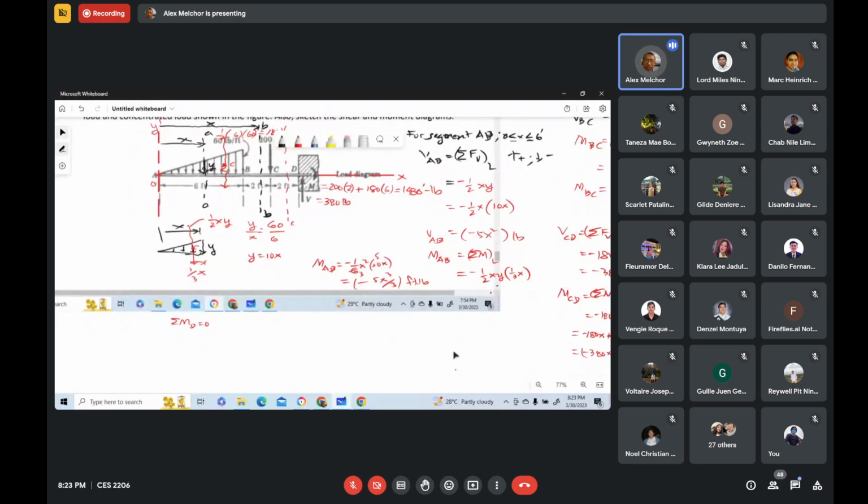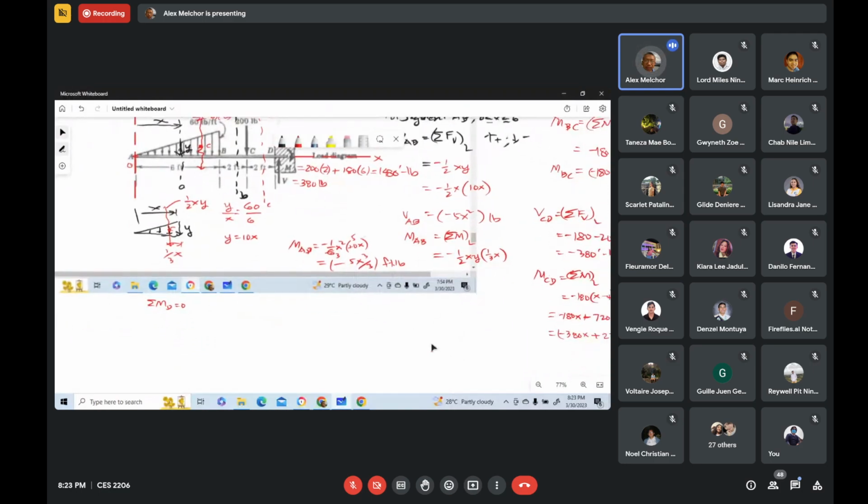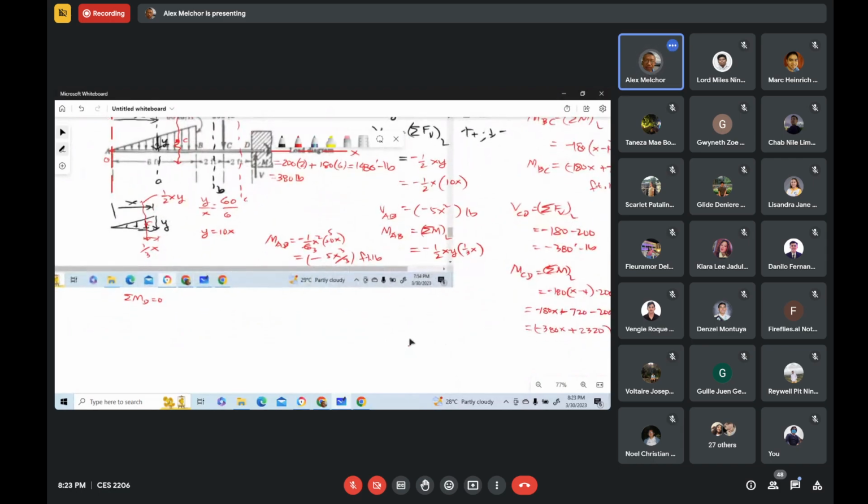We'll draw vertical lines right under the sections where we have the change of loading condition.